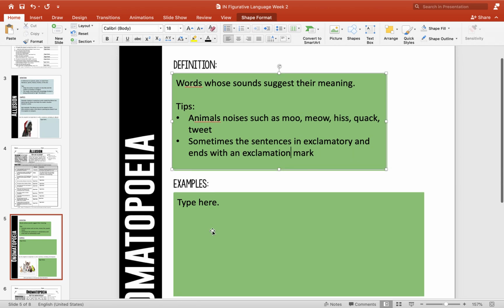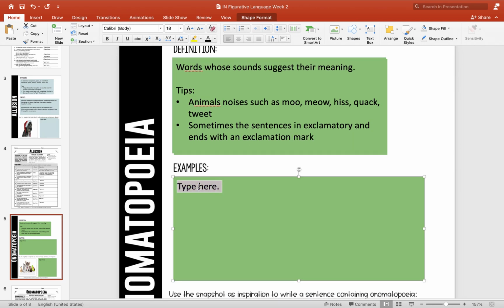All right, so let's look at some examples. First we're going to do our regular examples. One would be something like, the door slowly creaked open and then slammed shut.